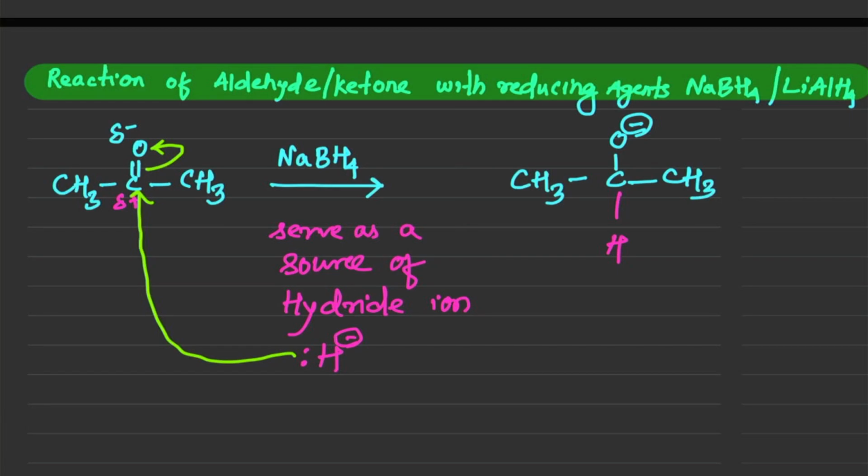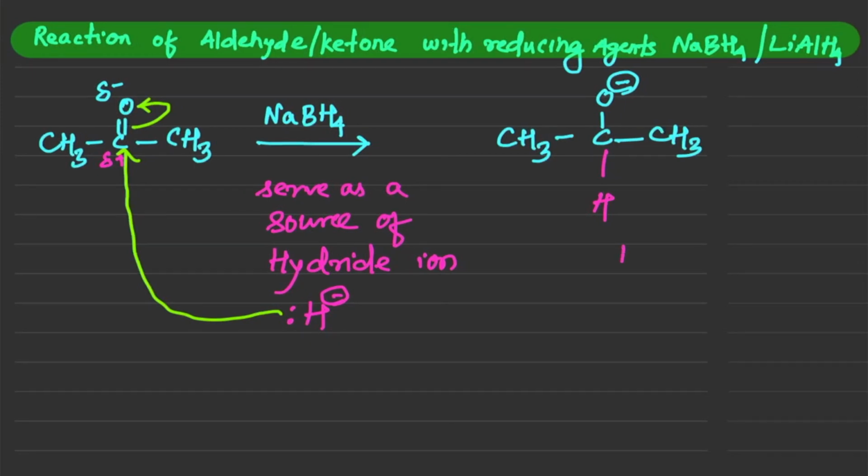So now all we have to do is neutralize this. Some books you will find they will write the O minus counterbalanced by sodium plus. It's okay if you don't write it, that's kind of given. And then last thing we just have to do is neutralize this with some sort of proton. Some books will say simply H plus, some books will say H3O plus, some books will write just water.